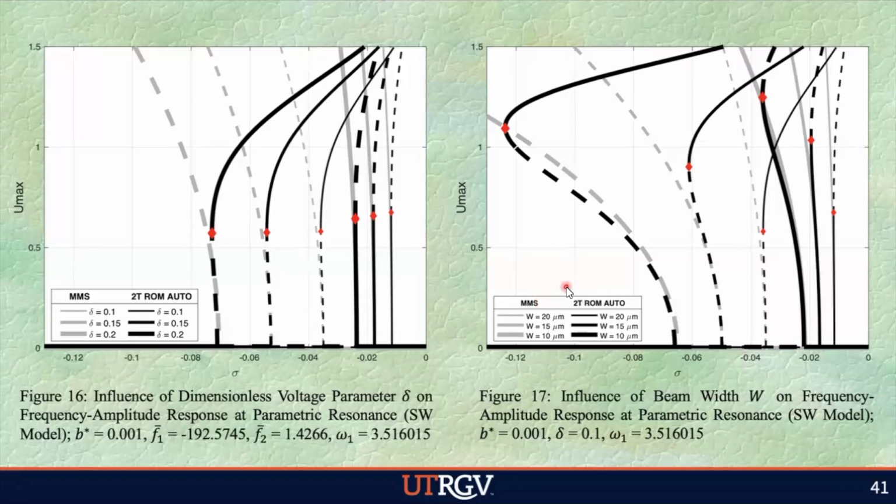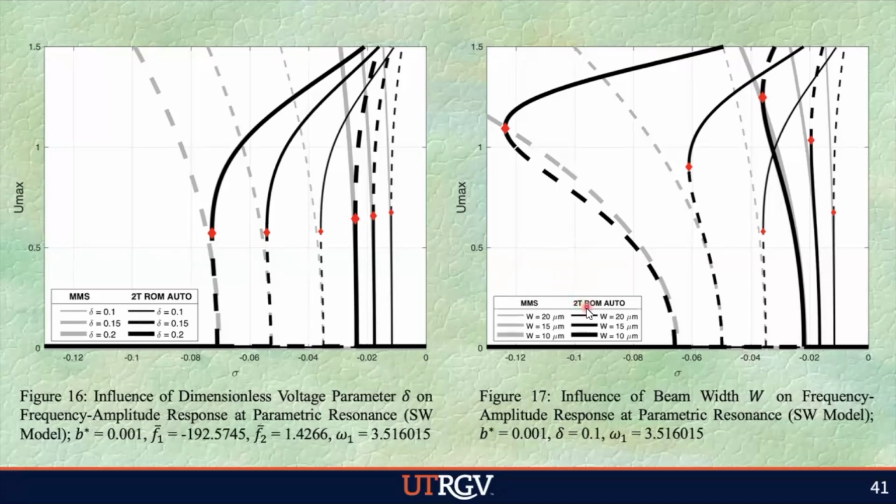Although we usually look at the effect of the fringe parameter, the SOLIDWORKS model uses two different fringe parameters, which depend on constant coefficients. So instead of changing the values of the fringe parameters arbitrarily, we decided to vary the beam width instead. And this is very similar to the effect of fringe, since for narrow beams, there's a larger fringe effect that has an influence on it.